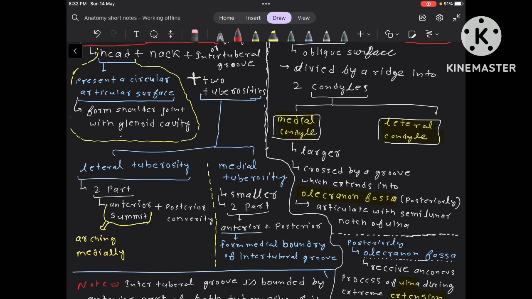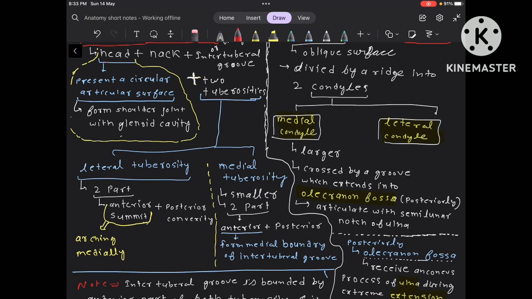The lateral tuberosity of the proximal extremity has two parts: the anterior summit and the posterior convexity. The anterior summit is arching medially towards the intertuberal groove. The medial tuberosity is smaller than the lateral tuberosity and it also has two parts, the anterior and posterior.